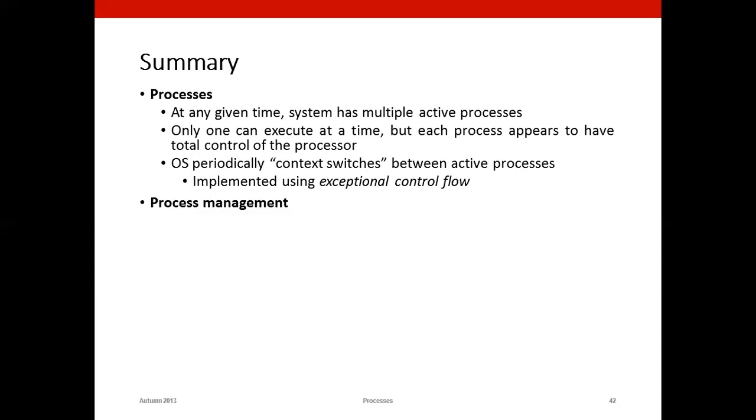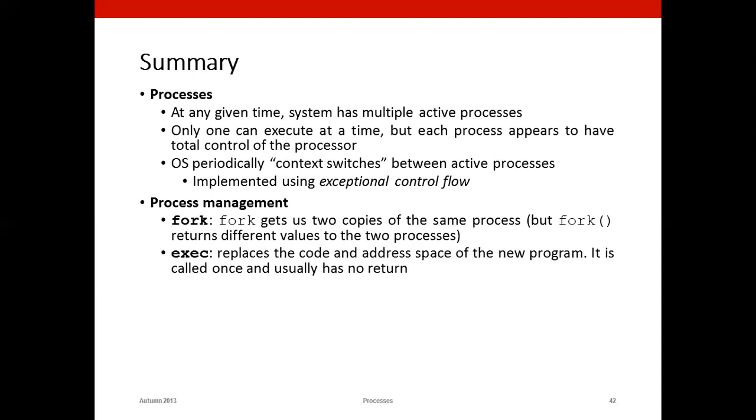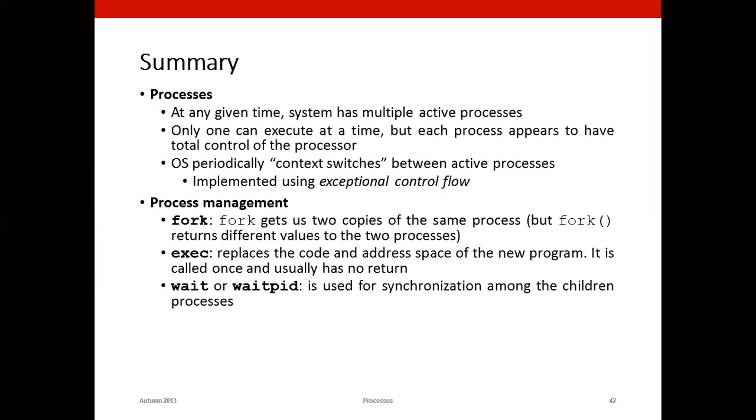We also talked about process management. Fork gets us two copies of the same process but returns twice. It returns a non-zero value to the parent process and 0 to the child process. Execv then replaces the address space with the code and other requirements of the new program. The wait call is used to synchronize among multiple child processes of a program.